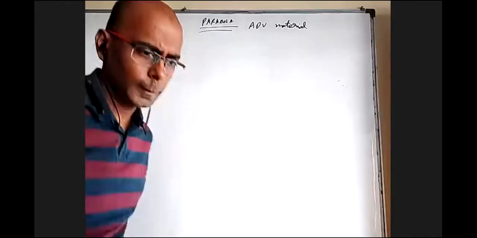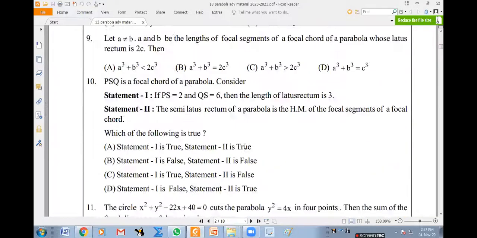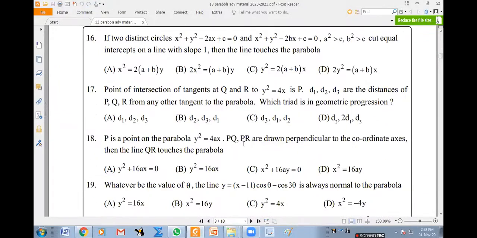There are two circles. If two distinct circles, this and this, cut equal intercepts on a line with slope 1, then the line always touches a parabola which is there.